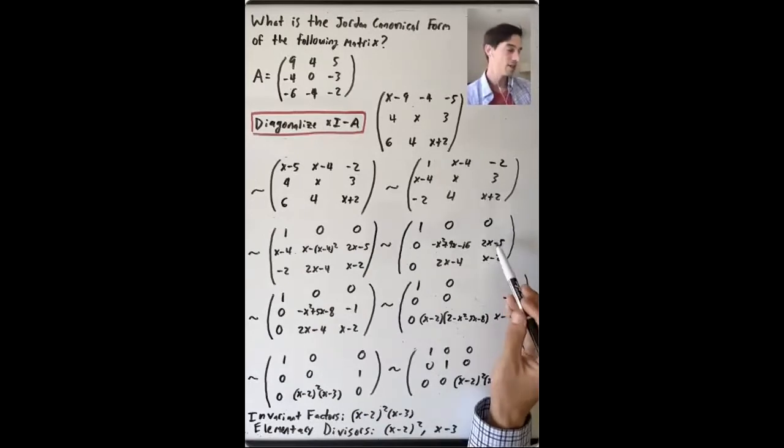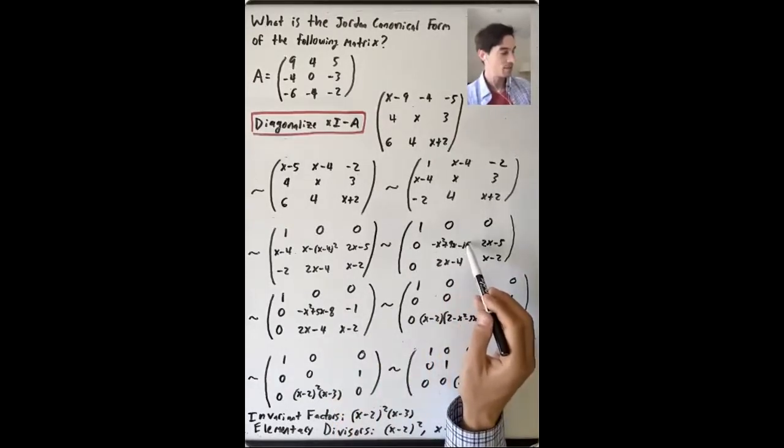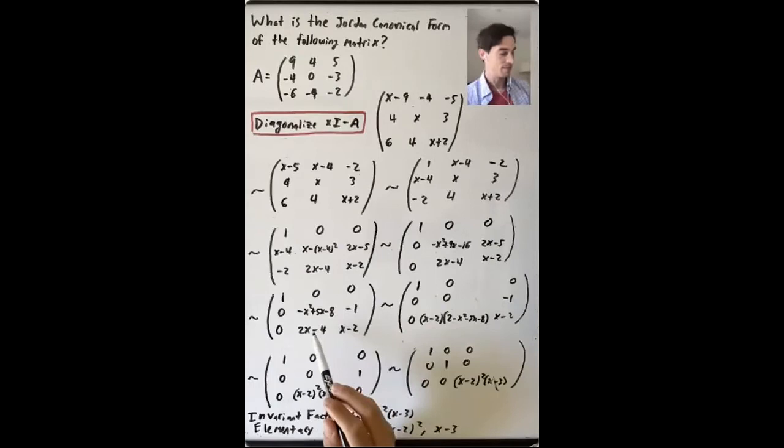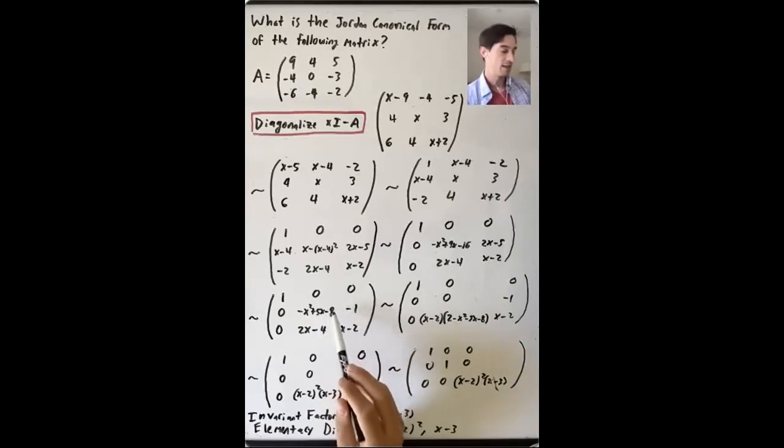I can see in a nice way that if I take twice the third row and add it to the second row, I get a minus 1. Not quite a 1, but almost a 1. So I'm going to do that. Now this minus x squared plus 9x minus 16 becomes minus x squared plus, we're adding 4x minus 8, so we get 5x minus 8. We have this minus 1 here.